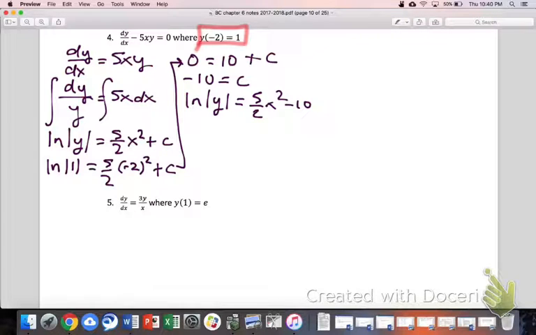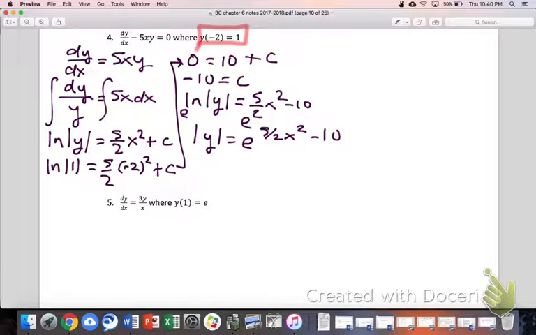Now my final steps are going to be to get the y by itself. So I'm going to go e to both sides. Once I do that, I'm going to get absolute value of y equals e to the 5/2 x squared minus 10. And then the last thing I've got to do is evaluate the absolute value. This is where we need to remember back to our initial condition.